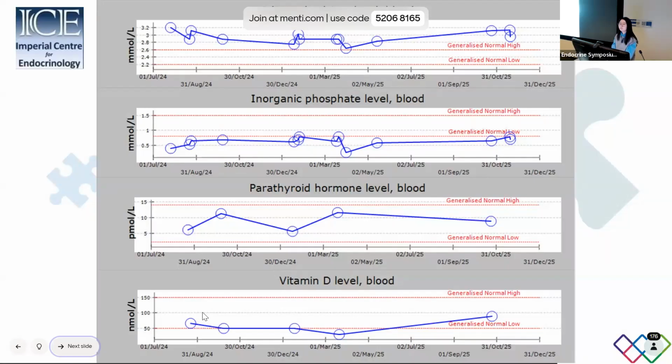Or is it that actually she's developed primary hyperpara on top of an FHH picture? And the phosphate is a bit suspicious for having done that. And I hate to say it, but that phosphate also slightly makes you worry about other things. She didn't have rickets when she was younger or anything similar.